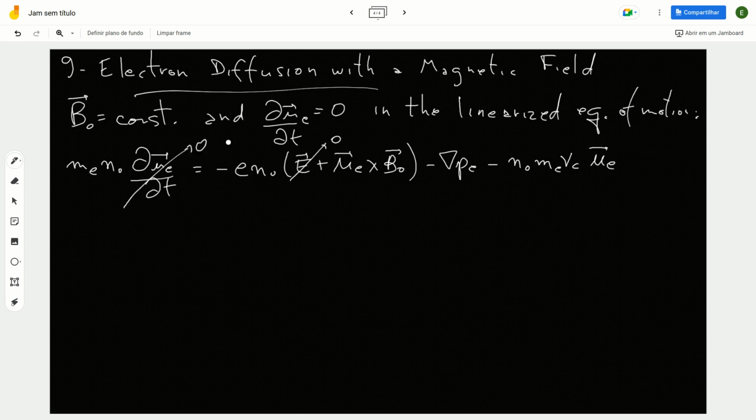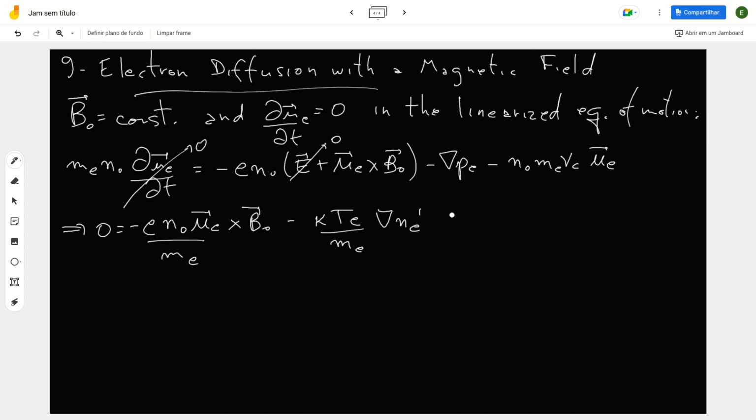Then, well, it's stationary solutions, right? So this is 0, and we have minus E and O U E cross B0 minus KTE over ME. This is from the pressure, using the state equation for pressure, and collisional term.